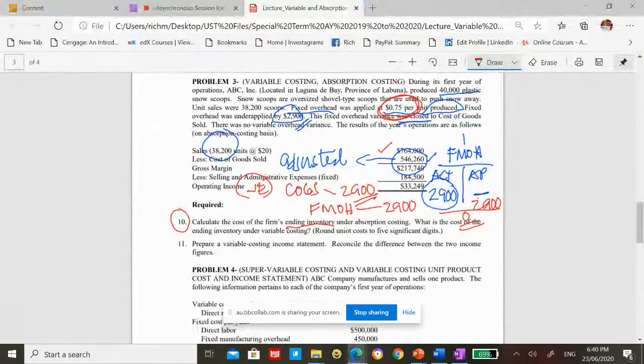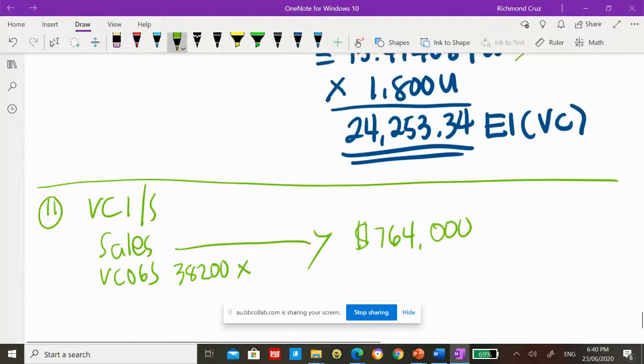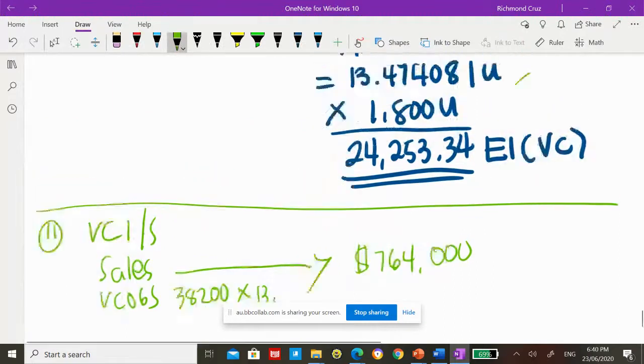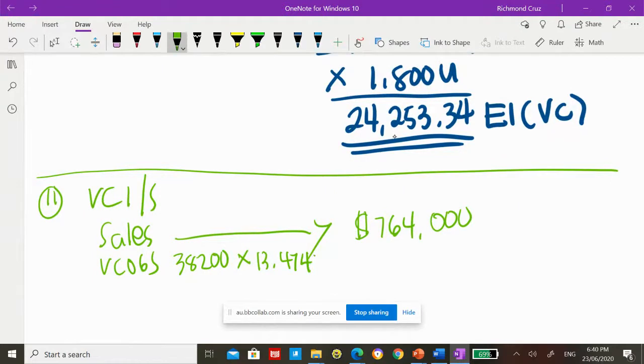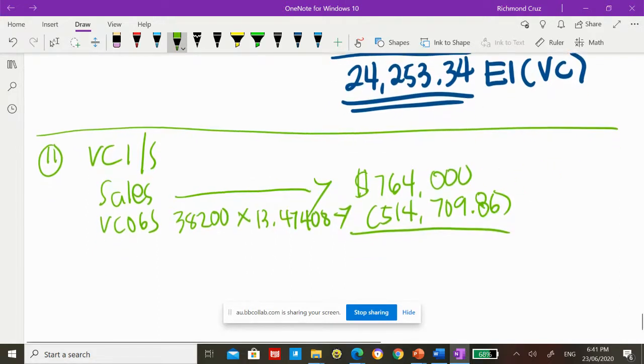I-multiply ko ng 13.47408. So 38,200 times 13.47408. So lalabas, that is 514,709.86.